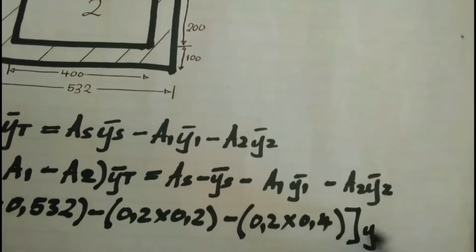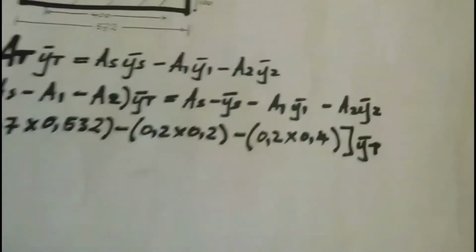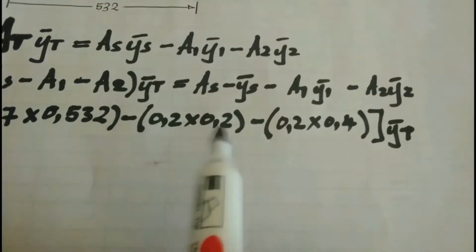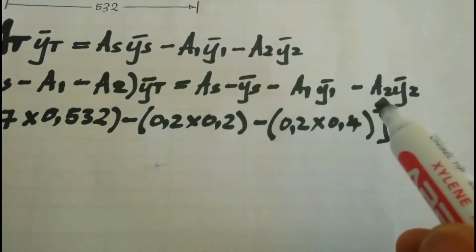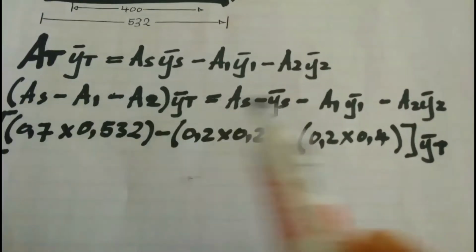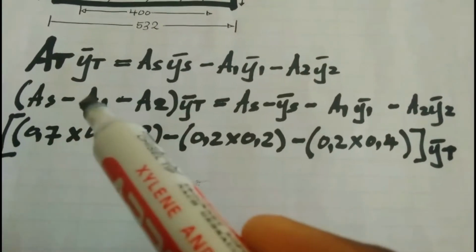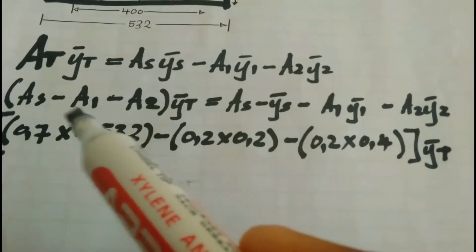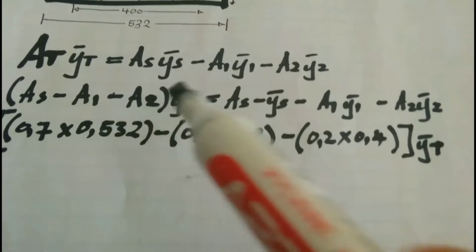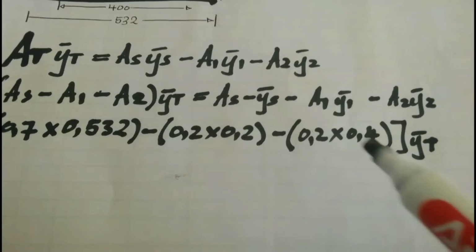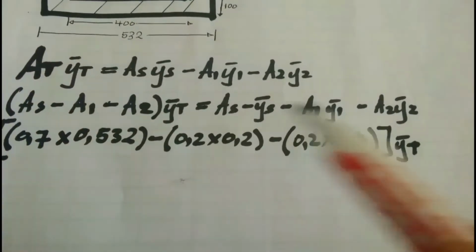So Y bar total, this must be equal to this equation, right? This whole equation says AS subtract A1, A2, times Y bar T, that is what we got here, and we're now left with this part.